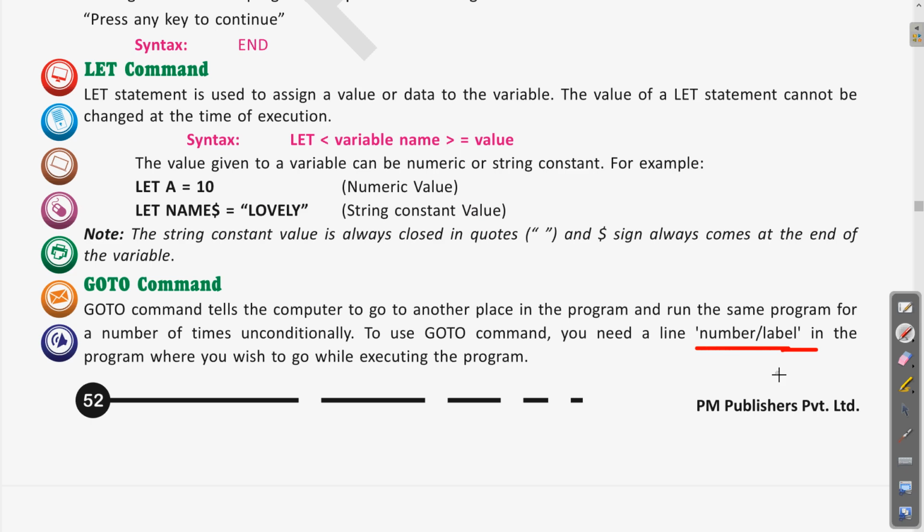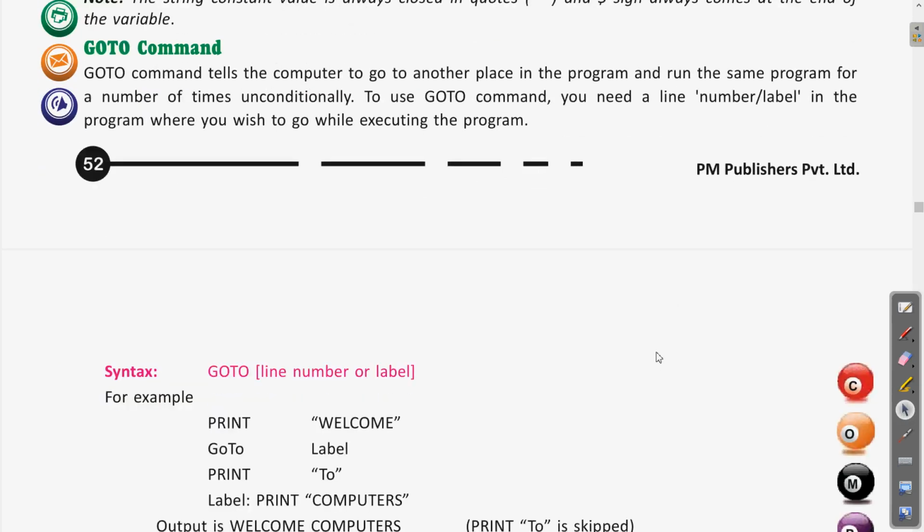The goto command is used for moving the program execution to a particular line or a particular label. Let us see now what the syntax looks like.